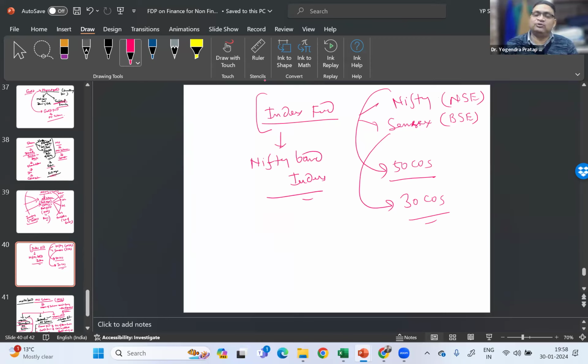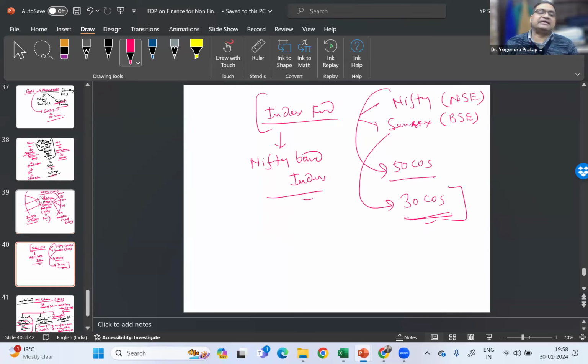That is only those 50 companies. And if it is a Sensex-based index fund, then your fund manager will invest in the shares of those companies which are under the Sensex, representing companies of different sectors that are included in the Sensex. This is what an index fund is all about.